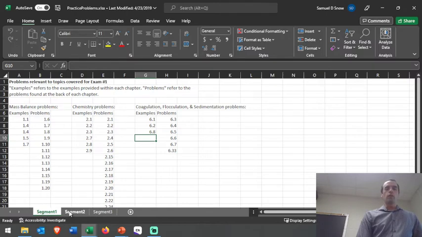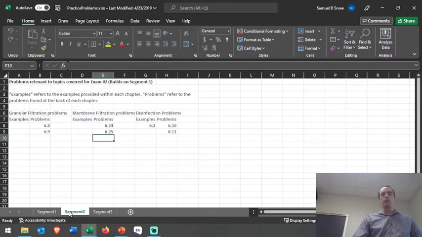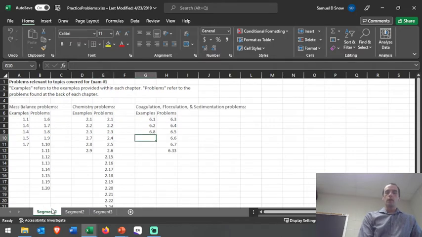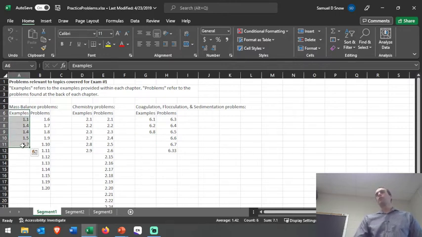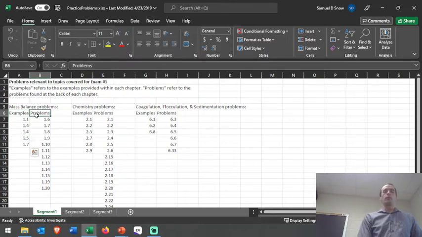For you guys, I probably need to add a little bit to segment 2. So I'll try to do that. We ought to add some water softening problems there. So I'll try to get some more there for you. But to clarify, what I've done is I've shown examples, like example 1.3 or whatever, versus the problems, and the problems are in the back of the book.